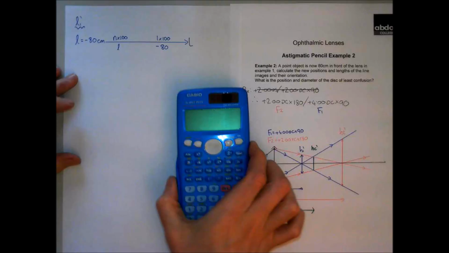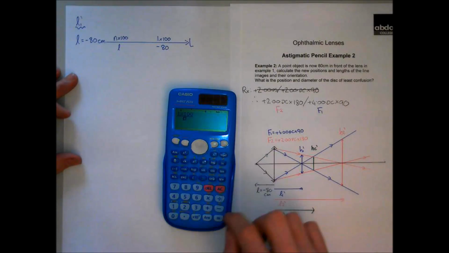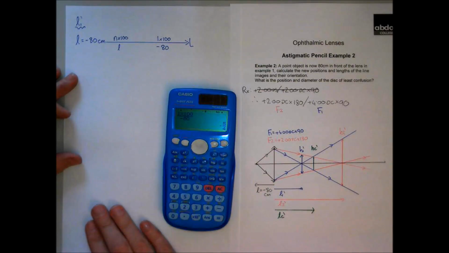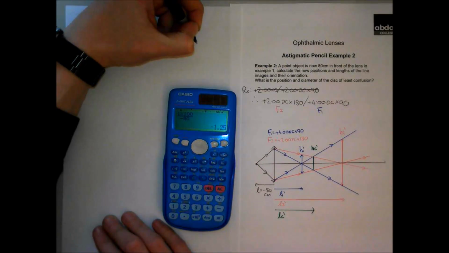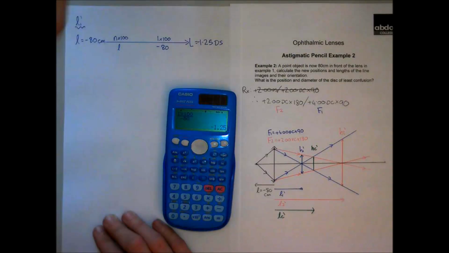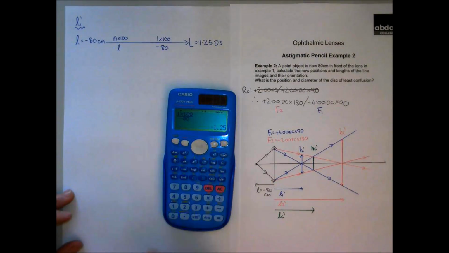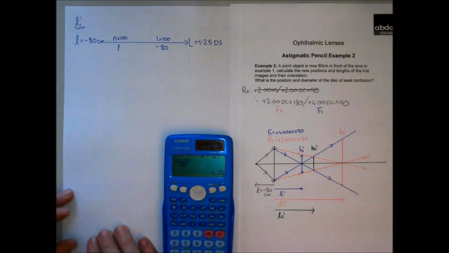So let's grab a calculator and see what that comes out as. So 1 times 100 divided by minus 80, minus 5 over 4, and if we convert that to a decimal, minus 1.25 diopters. So any light that's hitting the front surface of our lens at the moment is diverging by minus 1.25.